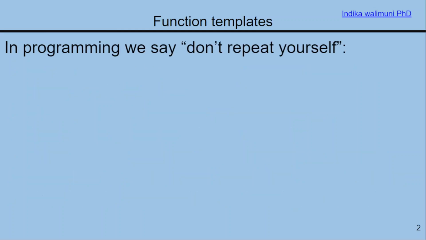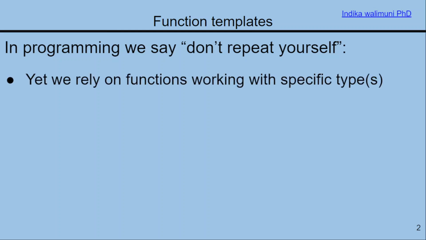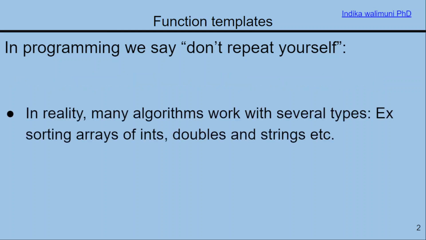All right. We usually say don't repeat yourself in programs, right? Yet so far we rely on functions working with specific types. In reality though, many algorithms work with several data types.